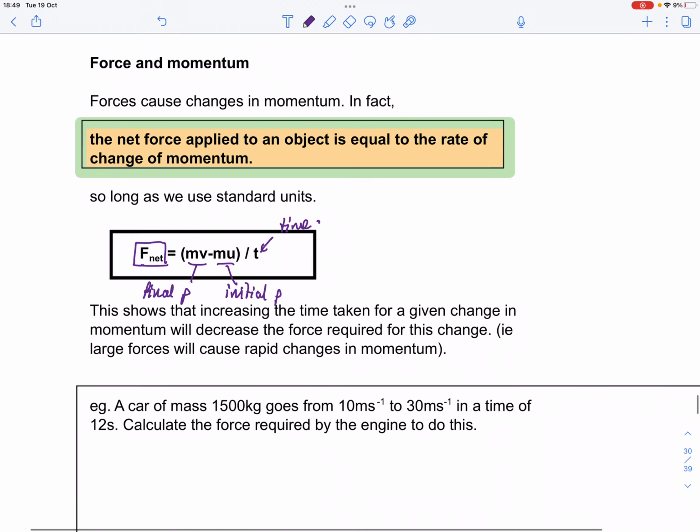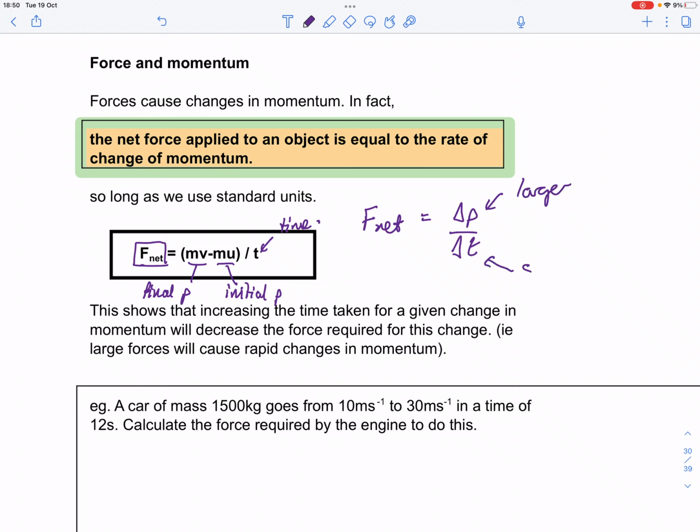So let's write it down in another form. F net is equal to delta P over delta T, the change in momentum divided by the time taken for that change, the rate of change of momentum. So you can see that a larger change in momentum, or changing that momentum in a shorter time, both require a larger net force to accomplish that.